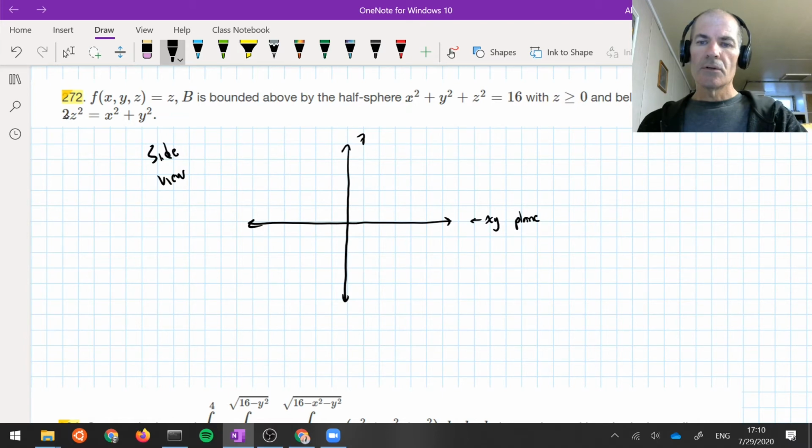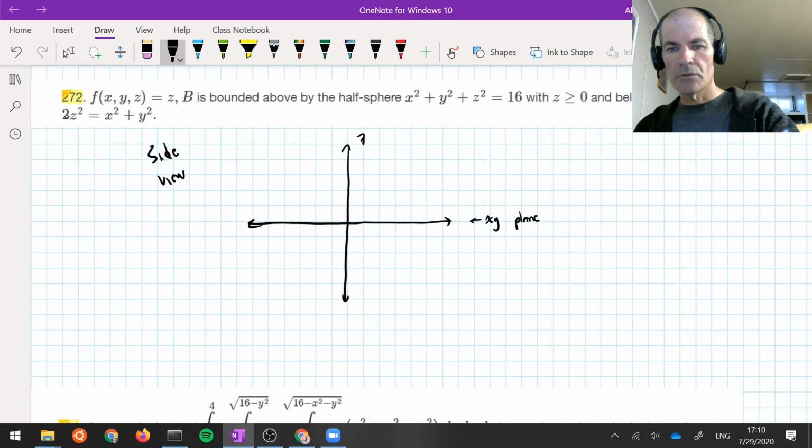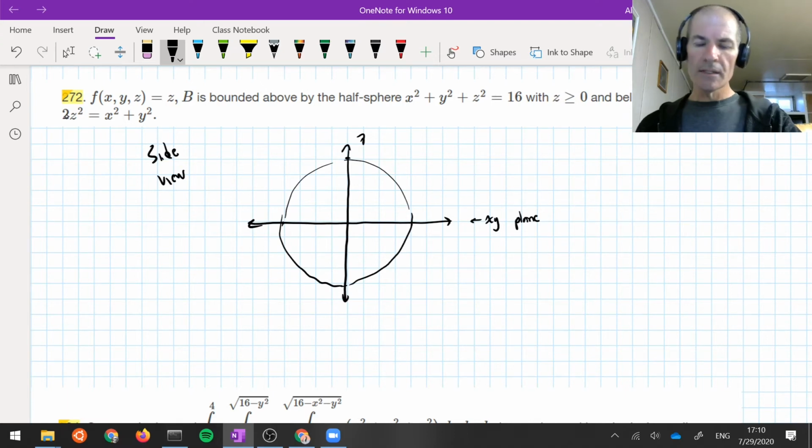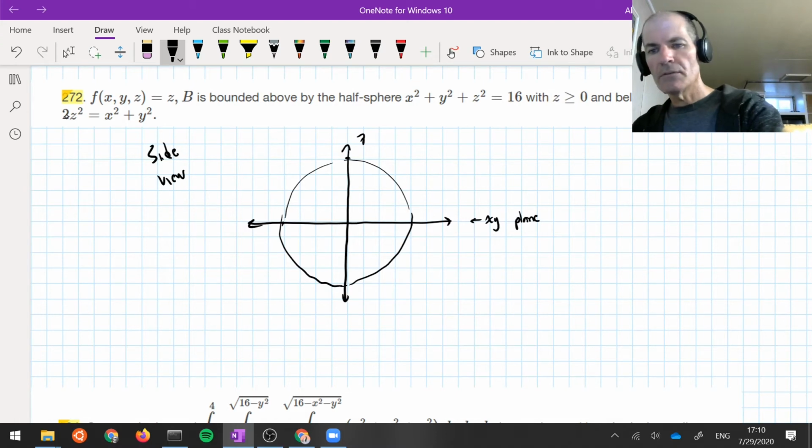All right, so if we were to look at this thing in the xy plane, this is a sphere of radius 4. 1, 2, 3, 4, and we can sketch that in like that. That's what this sphere looks like from the side. And we've also got this cone, 2z squared equals x squared plus y squared. If we solve for z, we get z is equal to 1 over root 2 times the square root of x squared plus y squared.